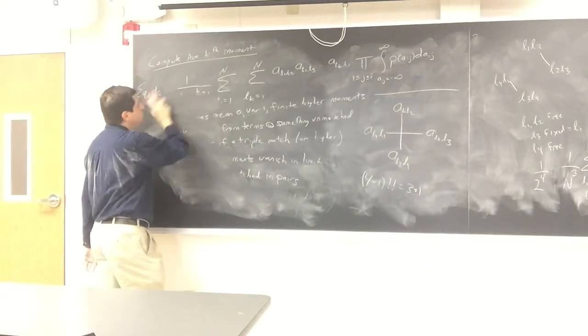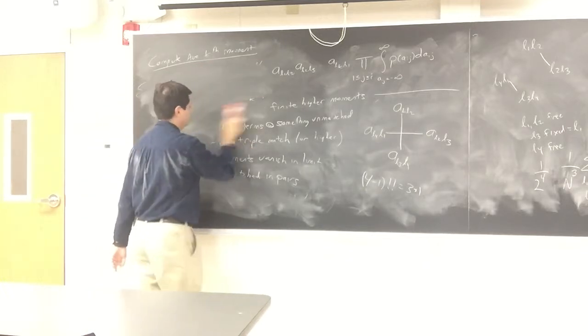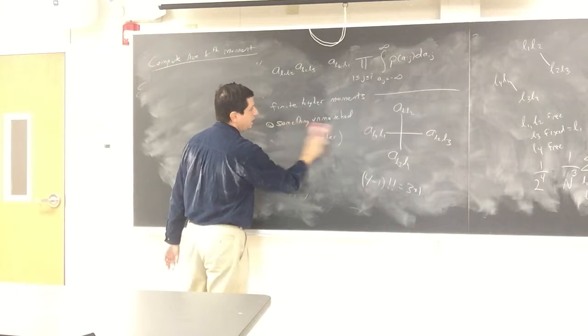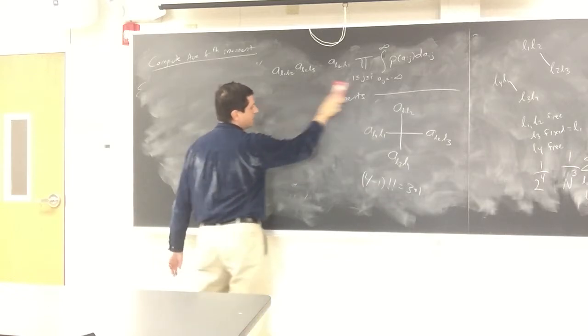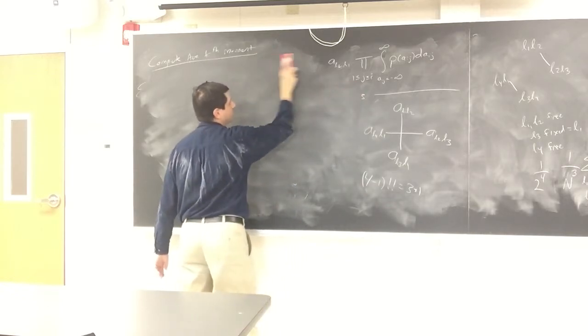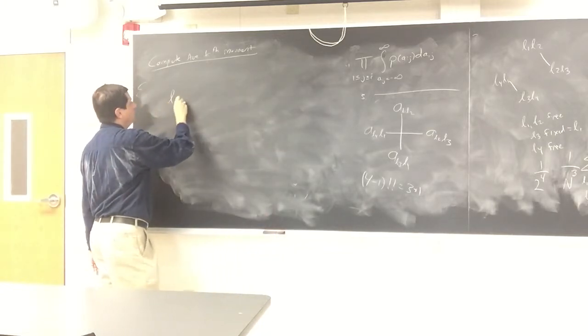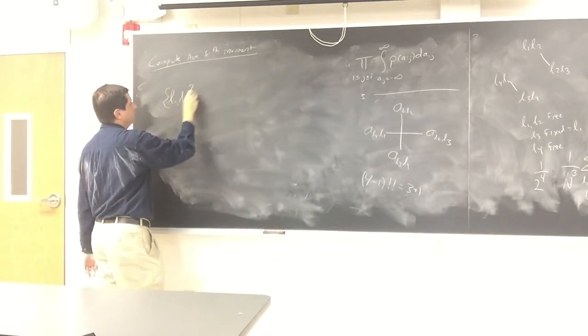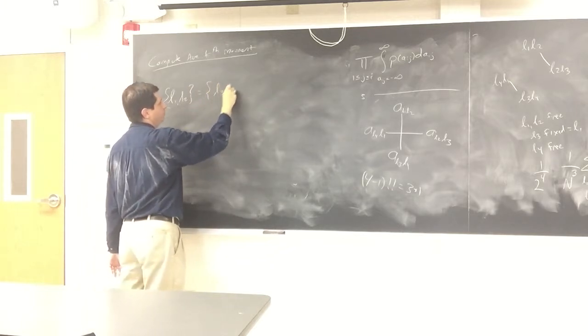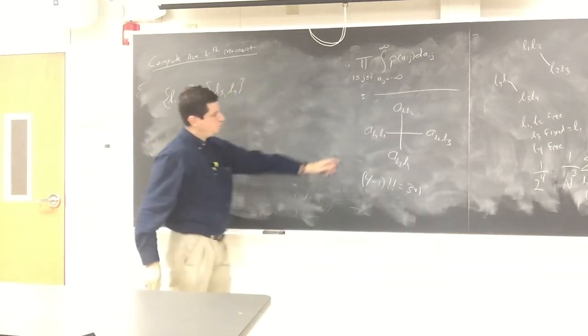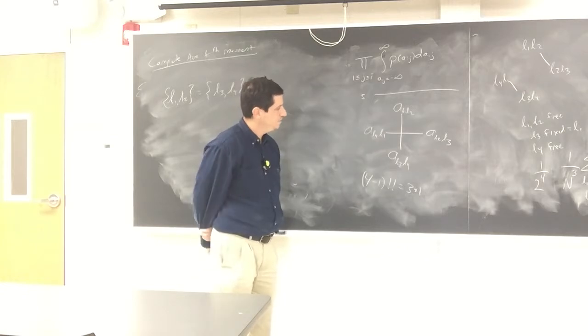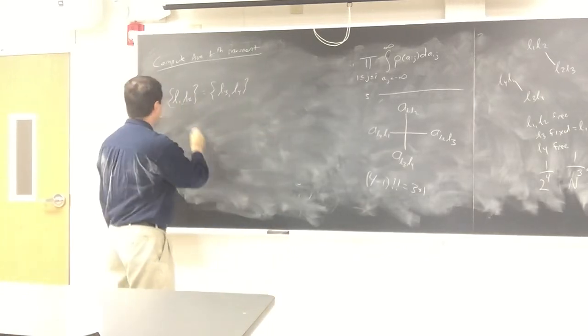And then this will be a really good place to stop. So we have L1, L2 is matched with L3, L4. So L1, L2 has to be the same as L3, L4. And the next one, L1, L4, has to be the same as L2, L3.